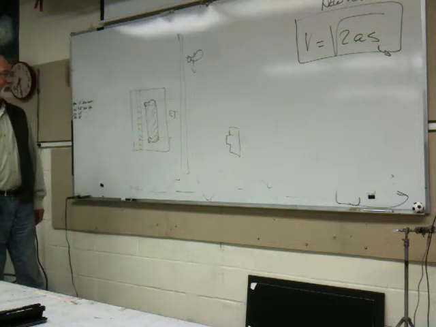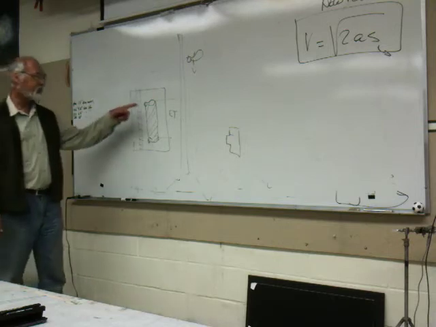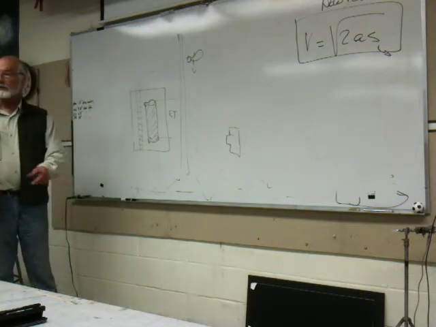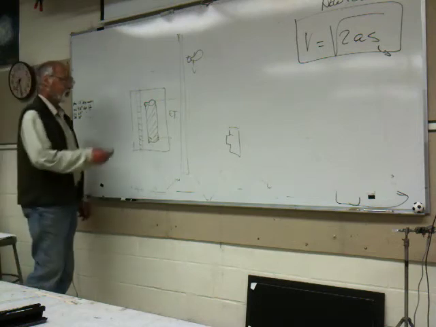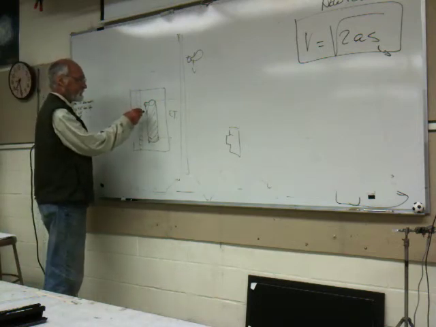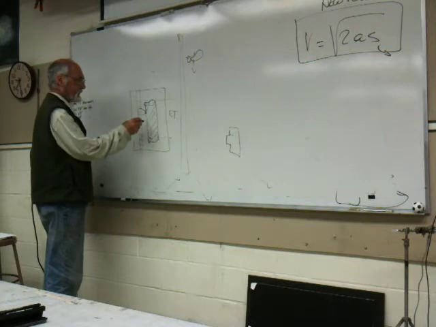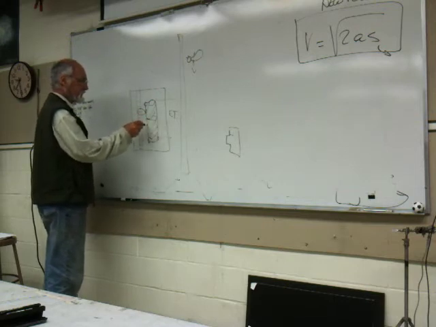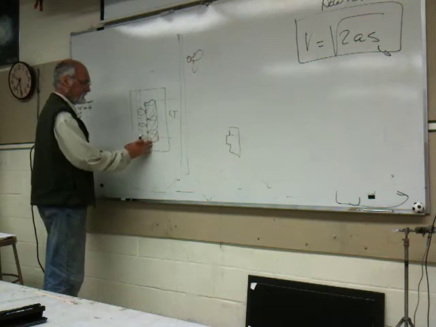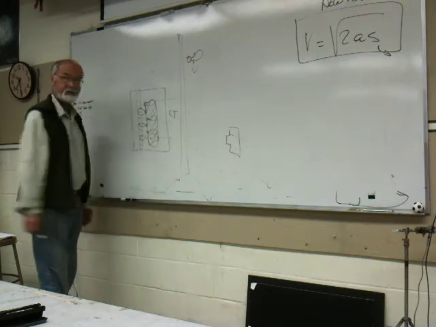Well, that typically is not exactly what happens, because the seed pod changes position with time. So at some point it's over here, and another point it's over here, and then over here, and then over here, right?